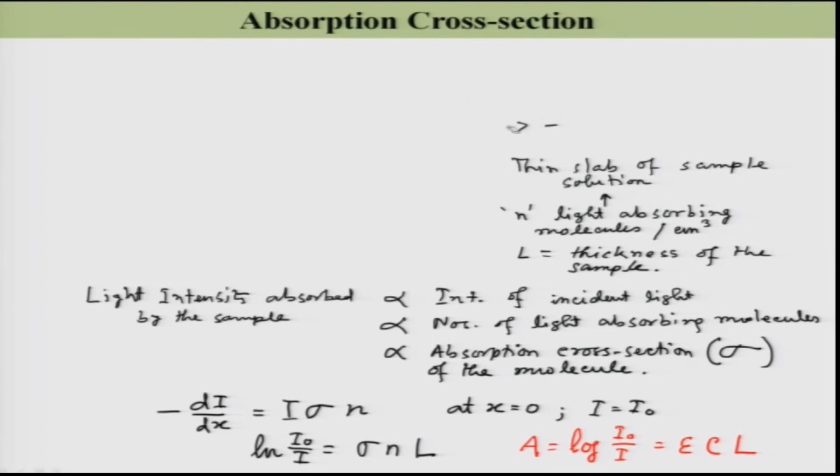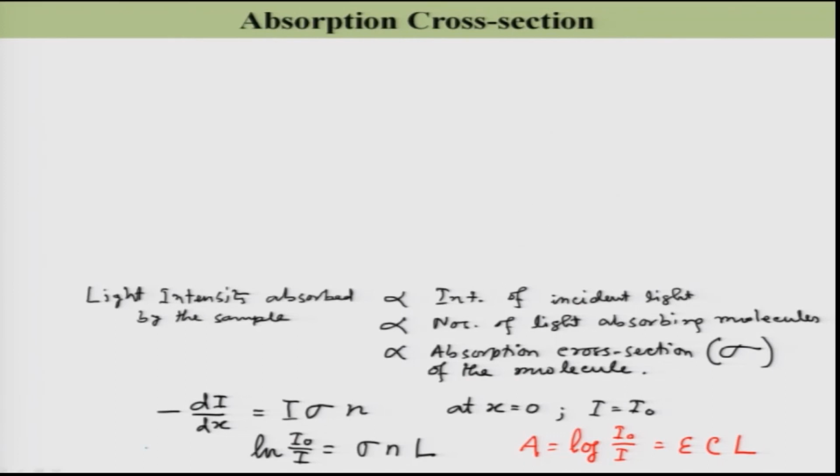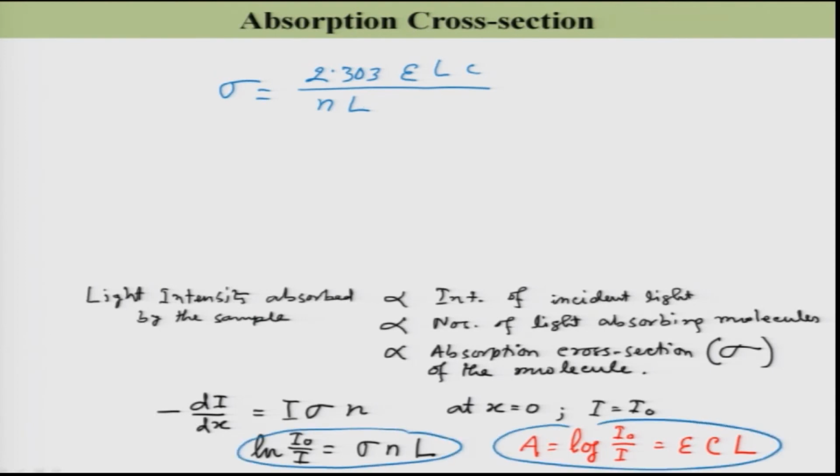I can equate these two equations. I can simply write here sigma equal to 2.303 epsilon L, C divided by N L. From these two equations together, I can write this equation, isn't it? Okay. So, this L will cancel out.